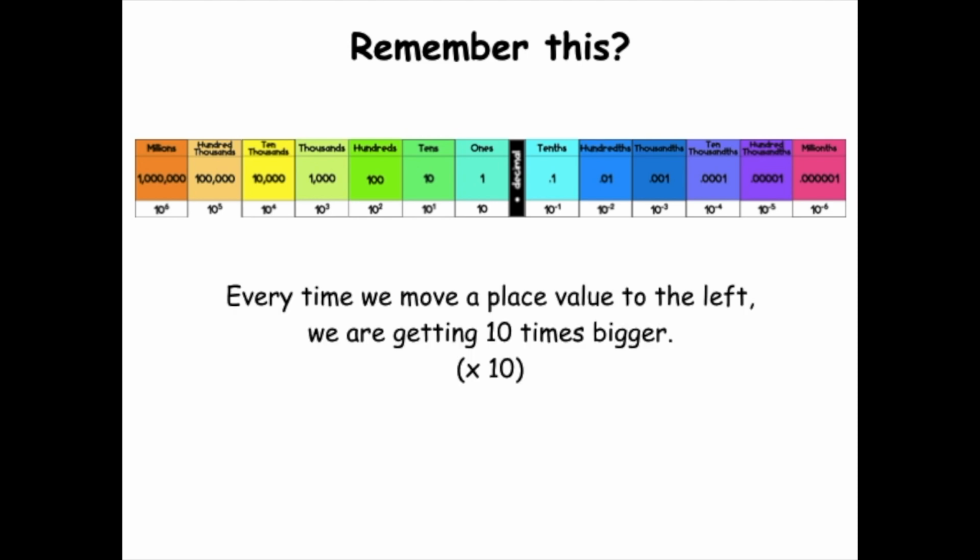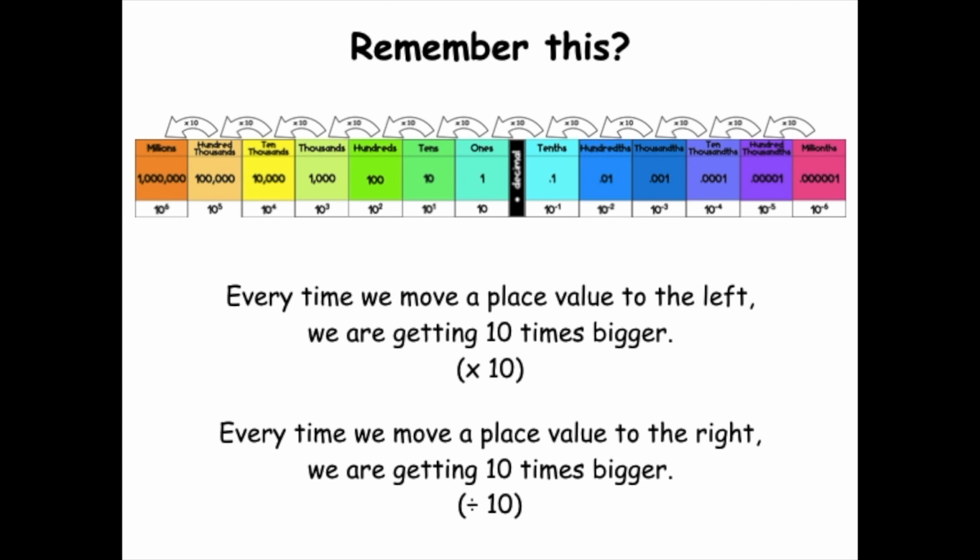So every time we go a place value to the left, our place value is getting bigger. We are getting 10 times bigger. So we are going times 10 each time we jump a spot over. If you remember in my room at school, I have the times 10 arrows going every spot over to the left. Every time we move a place value to the right, meaning our place value is getting smaller, we are going to be getting 10 times smaller.